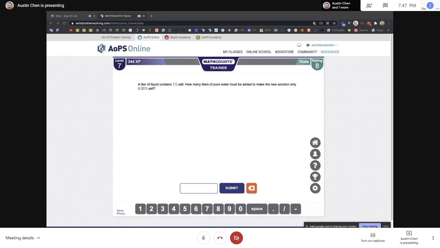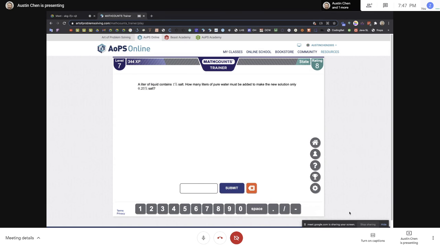A liter of liquid contains 1% salt. How many liters of pure water must be added to make the new solution only 0.25% salt? Well, 1% salt of a liter of liquid gives us 10 milliliters of salt.